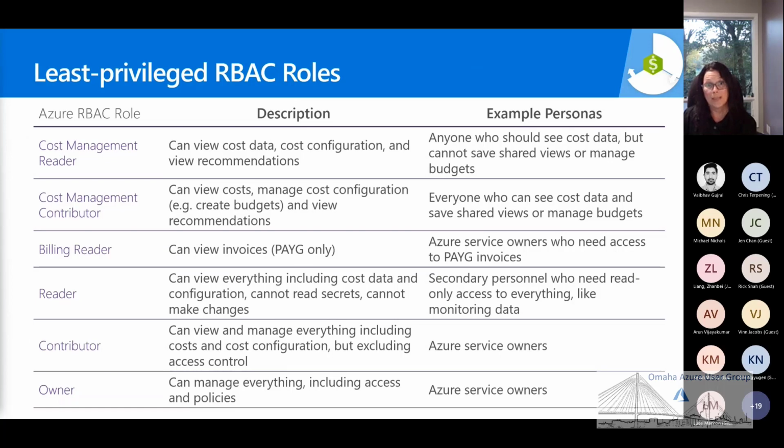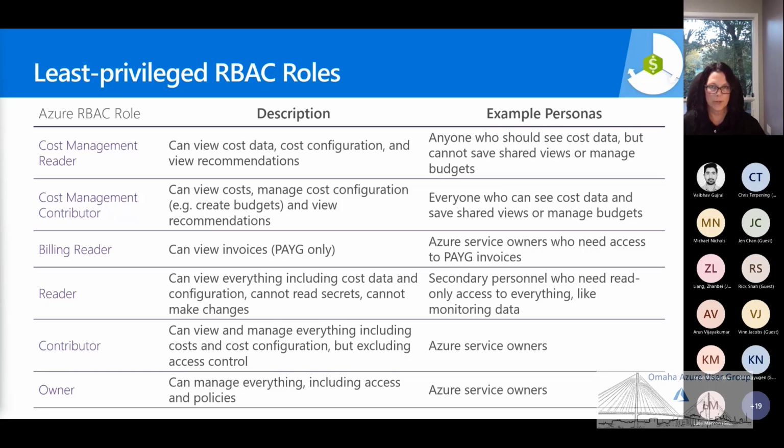We want to restrict who has access to create resources in order to minimize that cloud sprawl we just talked about, and keep those least privileged role-based access control assignments set up within your teams. So pertaining to costs, we're only going to focus on these top 3 here because they're related to cost management. If you've been working with Azure for a while, you're probably familiar with the reader, contributor, and owner roles.